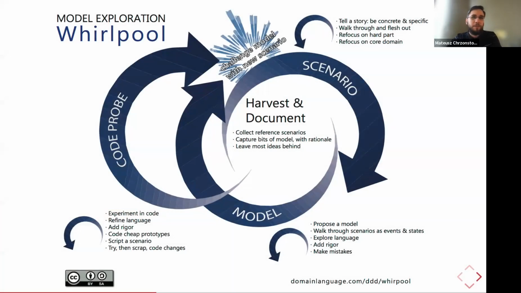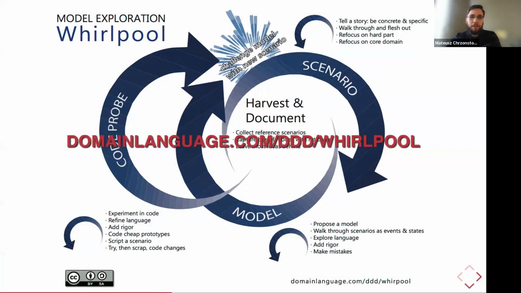Because of that, there are also some other ways of discovering your domains, your bounded contexts. The original one from domain-driven design is called the modeling whirlpool. This is an iterative way where you are discussing with some business domain experts, and you are providing them some concrete scenarios.